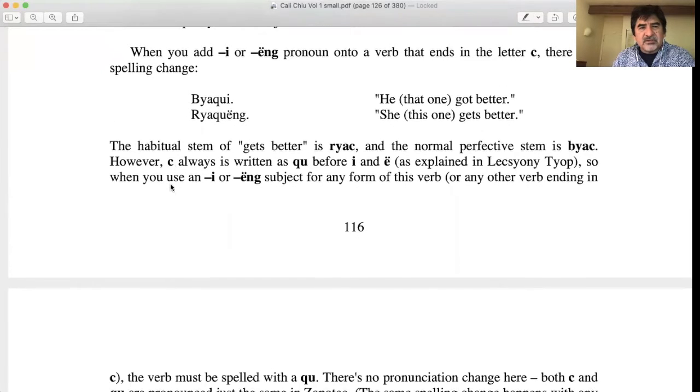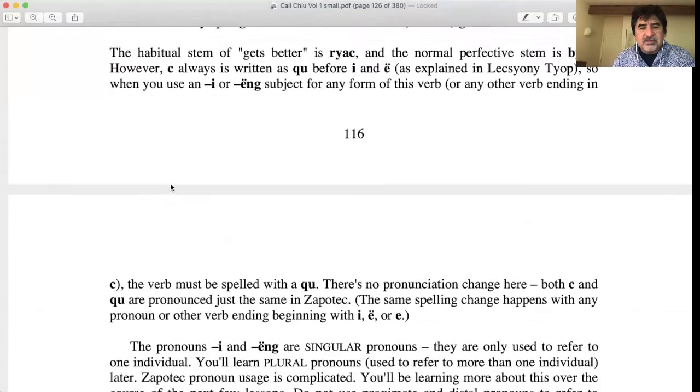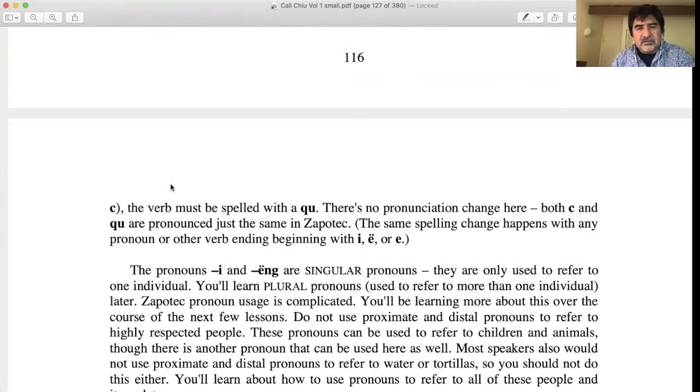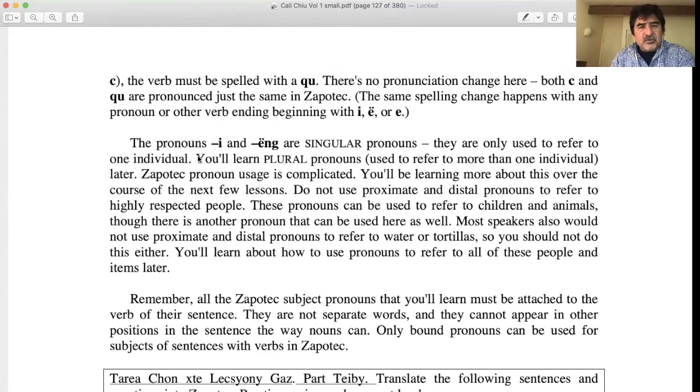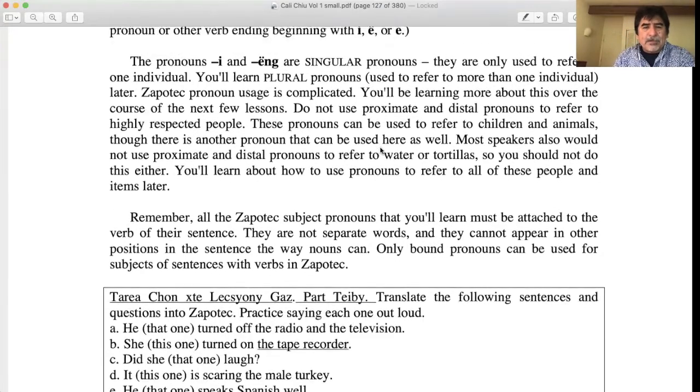Please go over this section. We did talk about it at some point early in the lessons. These bound pronouns, the i and the e with two dots and ng, are singular pronouns. Later on, we will be going over the plural pronouns, but for now we're just focusing on the third person singular, okay?